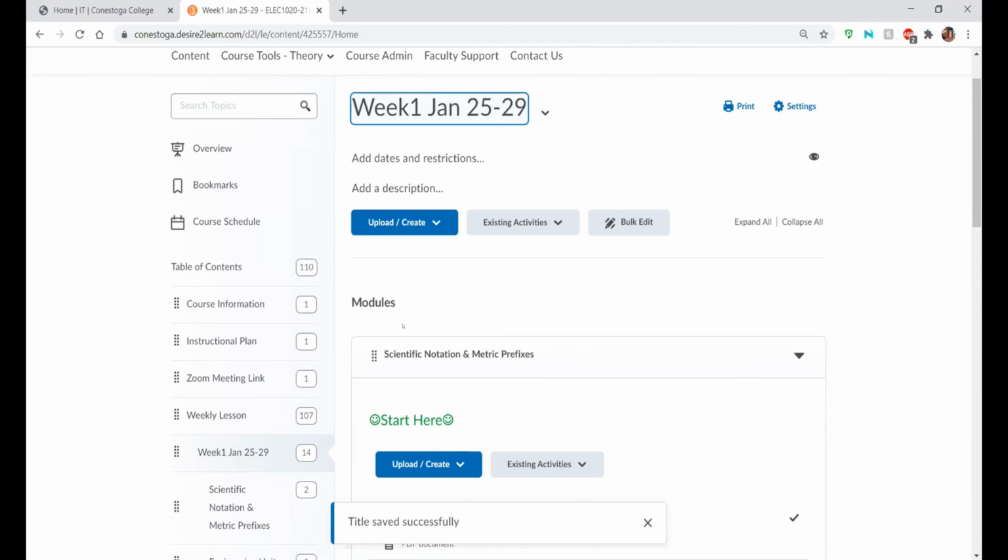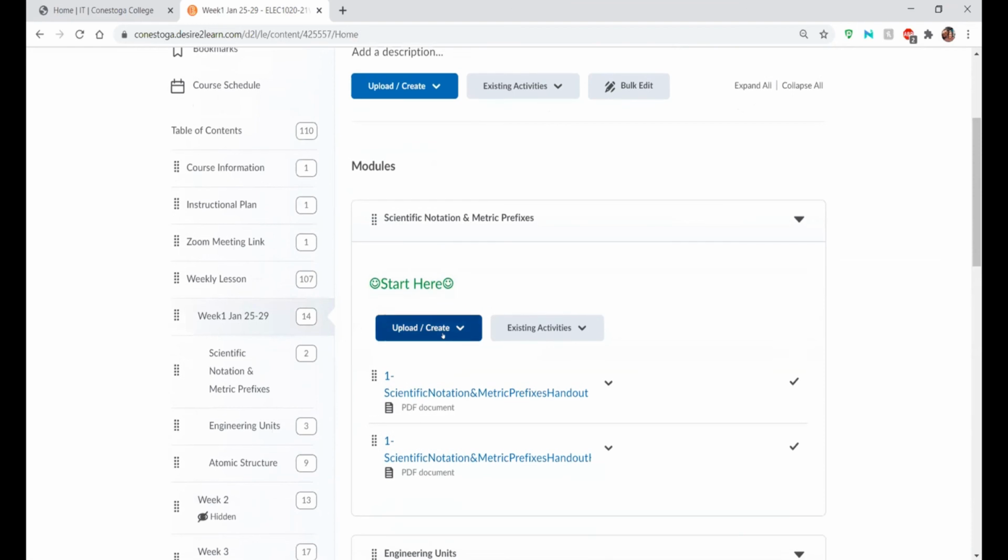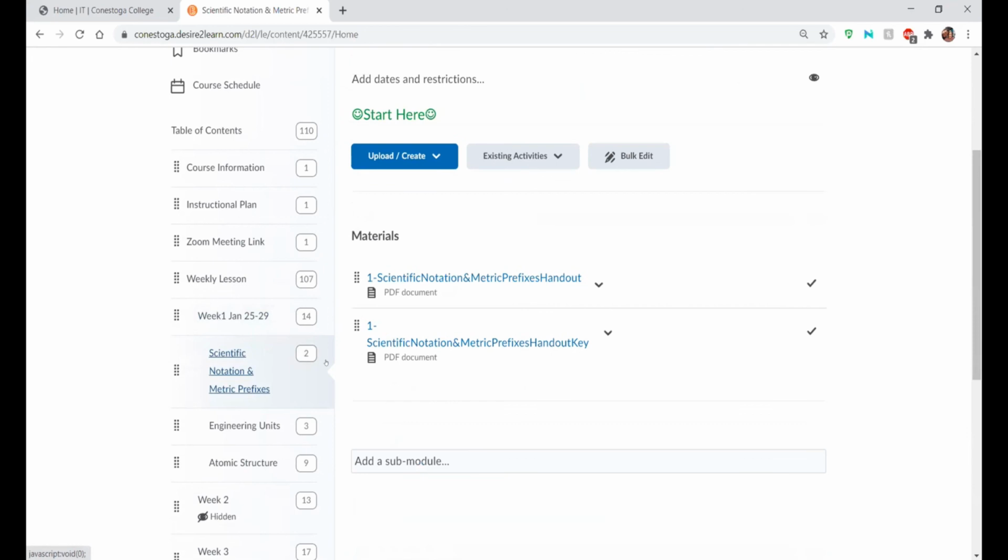I'm going to be doing that for all the different weeks, because sometimes we tend to lose the concept of time, and we don't really know which week we are in, but we always know which day it is. That way you are going to be able to see where you are supposed to be as well. So you are going to have that information from two sources: the instructional plan, which is right there, and also the weekly lesson tab that you have right there.